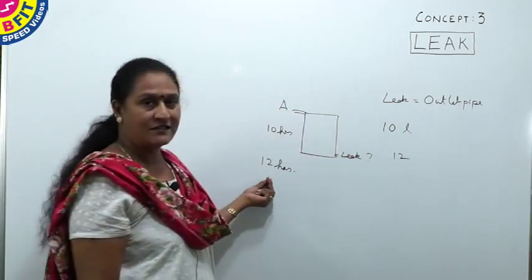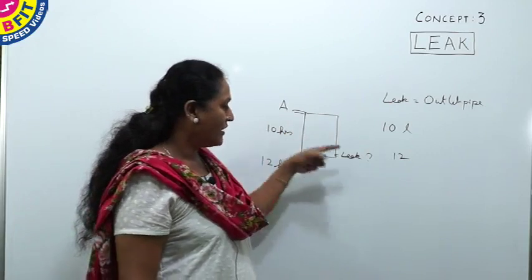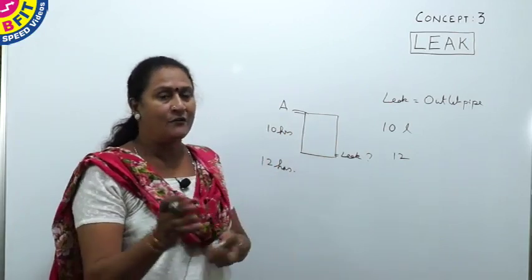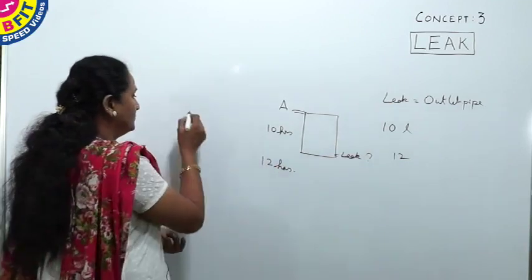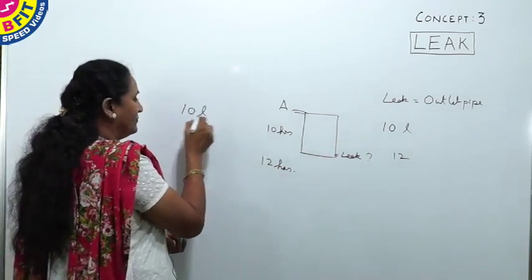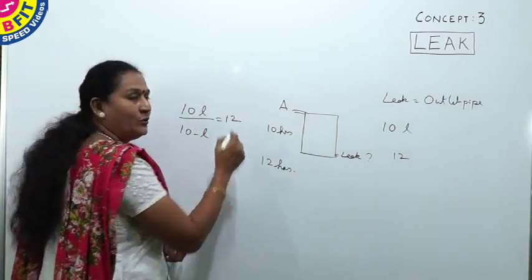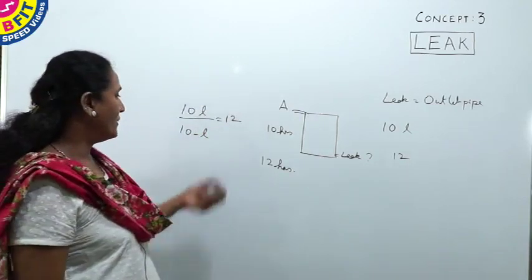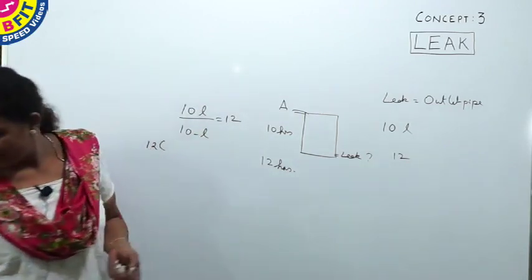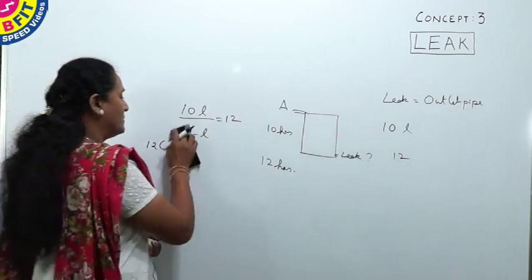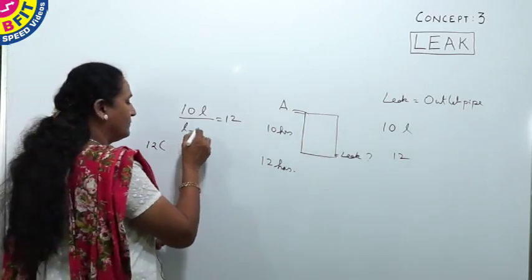When the total is given and one tap's efficiency is given, if you are asked to find the other tap, I have told you, you can write AB by A minus B and work out. So this is equal to 12. And now for working this, the time taken by the leak will be more, so always take emptying minus filling.